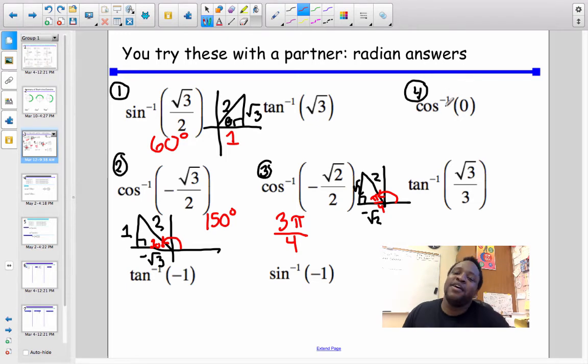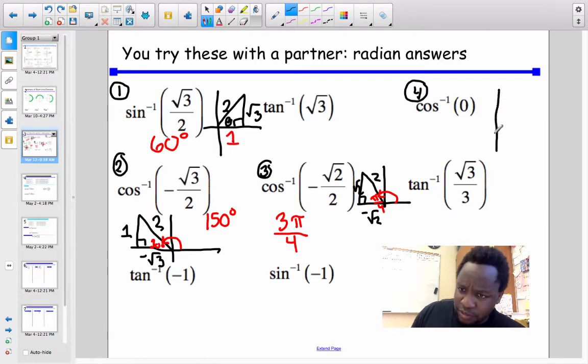Inverse cosine of 0. Okay, so this is clearly not a special right triangle, but we need to figure out where this is. So when is cosine 0? Cosine is 0 when x is 0 on the unit circle. So that would be at the top, right?